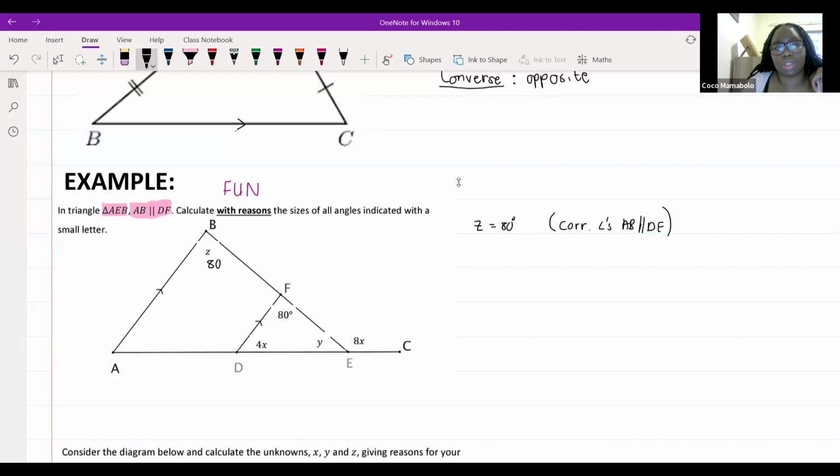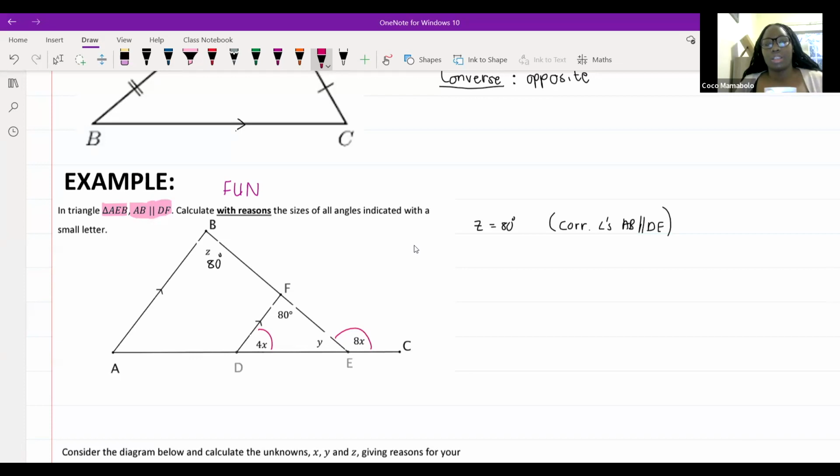What else can we figure out? Saneliso has actually mentioned something that's going to help us here. I know I can work out that and that at the same time. Who can tell me how? Is it angles on a straight line?